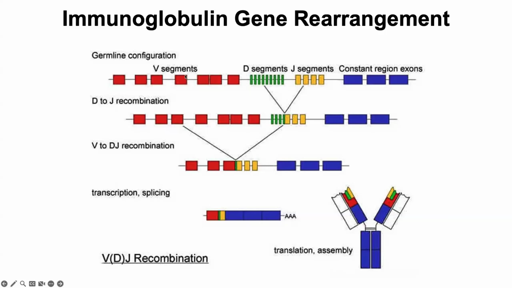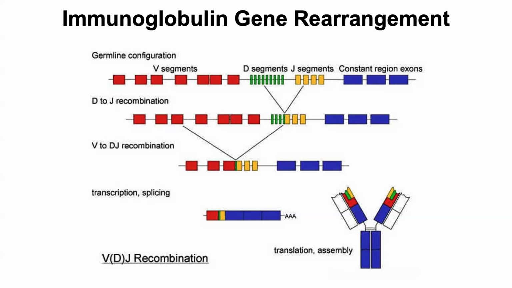Well, there's a couple of ways. One of them is that it's like having 3 bags full of different colored beads, and just as a random process, you reach in and you grab a red bead from, say, a V segment, and you reach into the next bag and grab a green D segment, and the next bag and grab a yellow J segment, and then you plug them together.